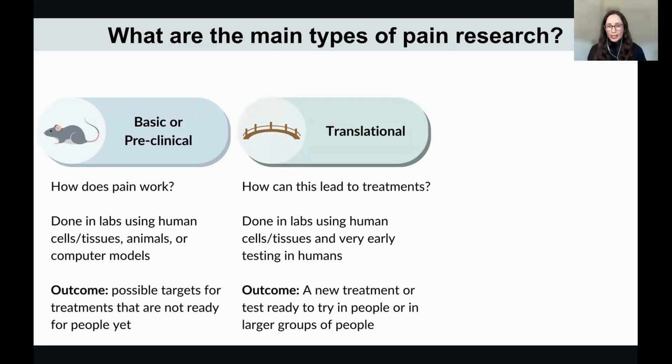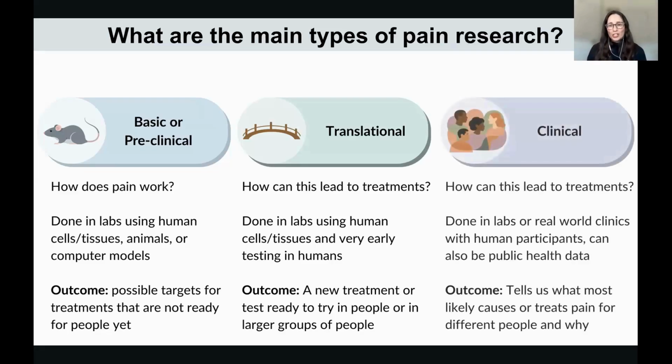So this is also done in labs in human cells and tissues, animals, and sometimes also in very early testing in humans. So very, very small pilot trials because we want to make sure things are safe before really scaling it up to bigger clinical trials. And the outcome from this type of research is looking for a new treatment or a new test to get ready to try in people or in larger groups of people.